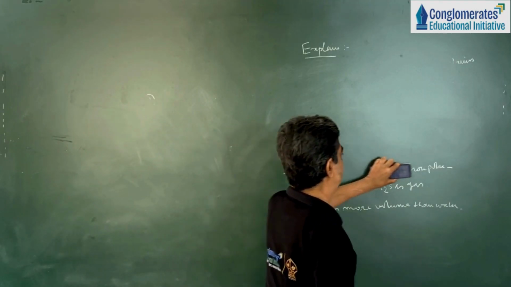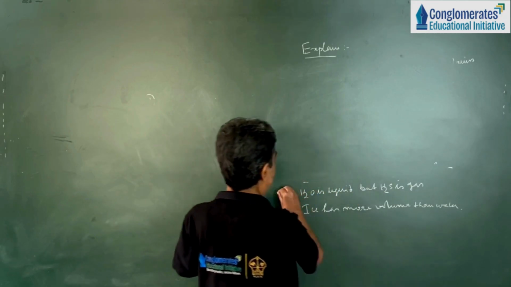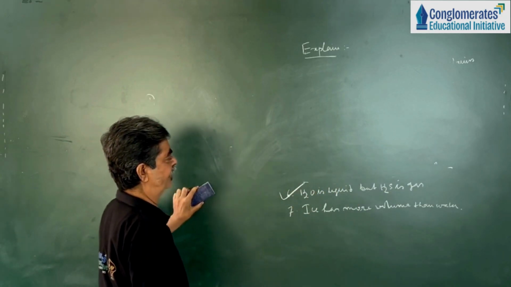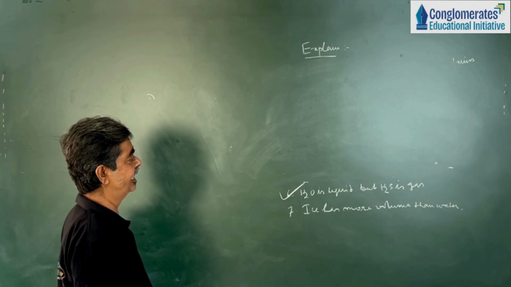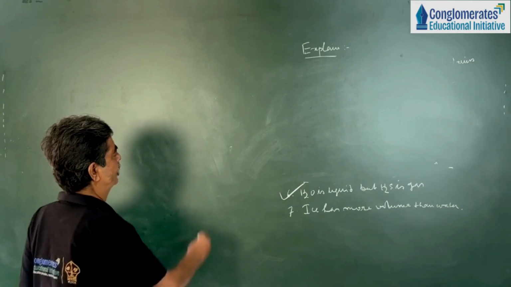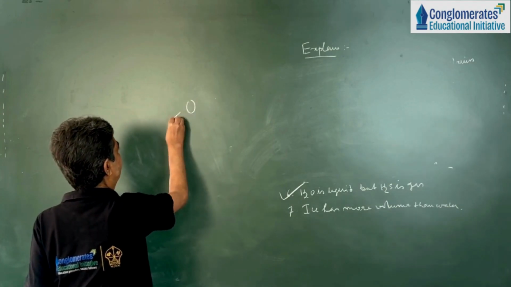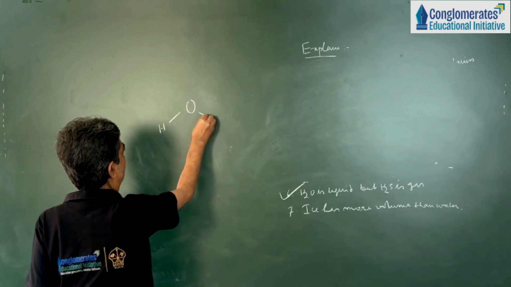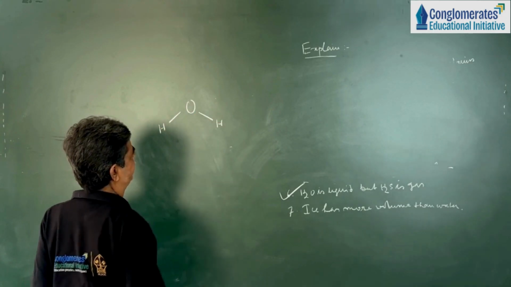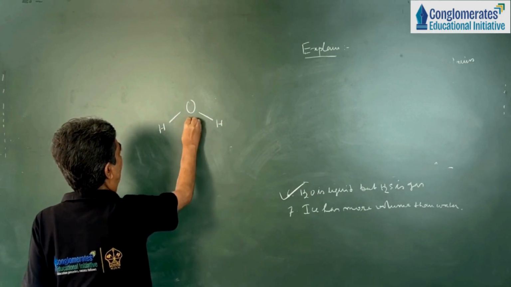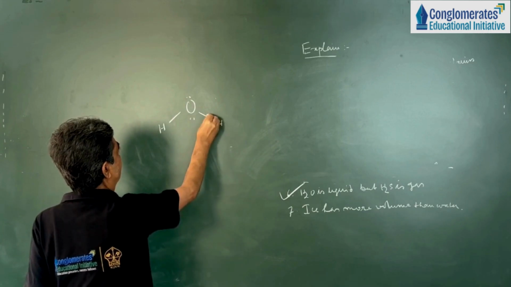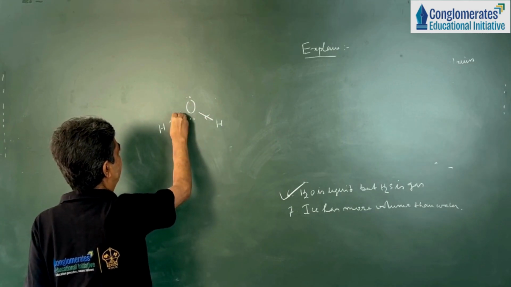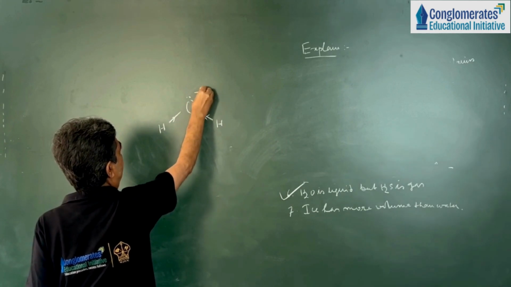Now, the next question was: water is liquid but hydrogen sulfide is gas. Water, being an angular structure, as I told in the previous question, and oxygen being more electronegative than hydrogen, the bonding electrons will be shifted, making the molecule polar.